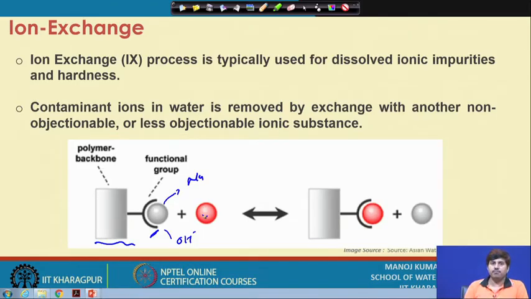It could be any of those sort of things. Let us say it is arsenic, chromium, or some organic ion. So, this is the thing that you want to remove.